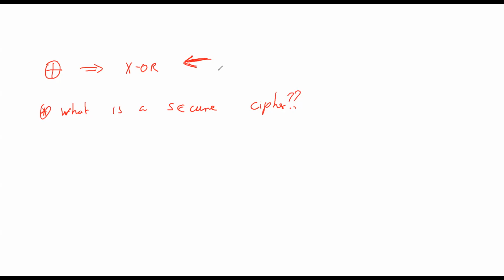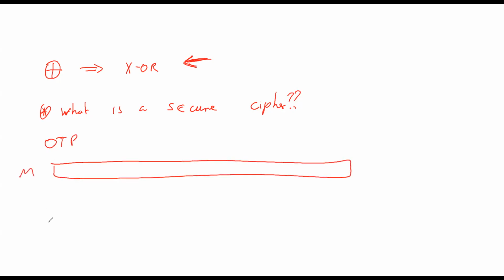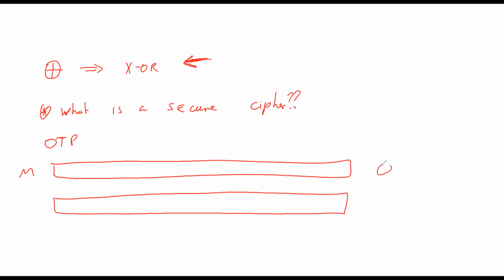We talked about how the OTP basically says that you have a message M, and the definition is that you just apply an XOR operation, but you need the key to be as long as the original message, right? That was the definition of that.